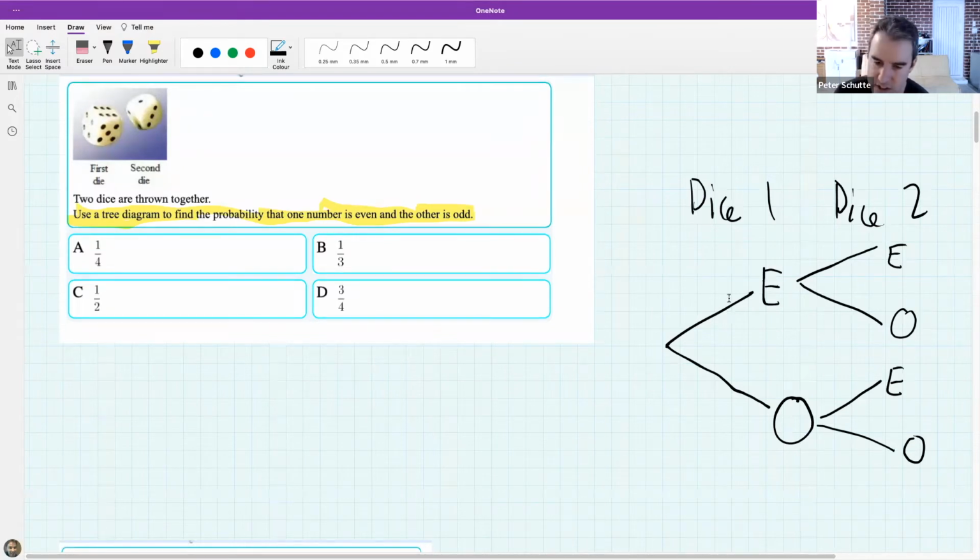So what do you think is going to be written in these spaces? And what do you need to do to get at the answer of this question?